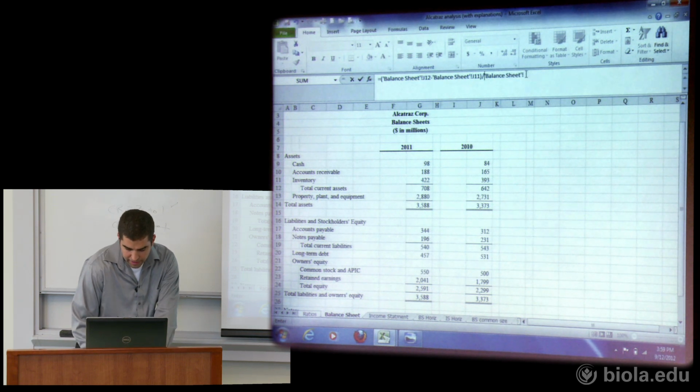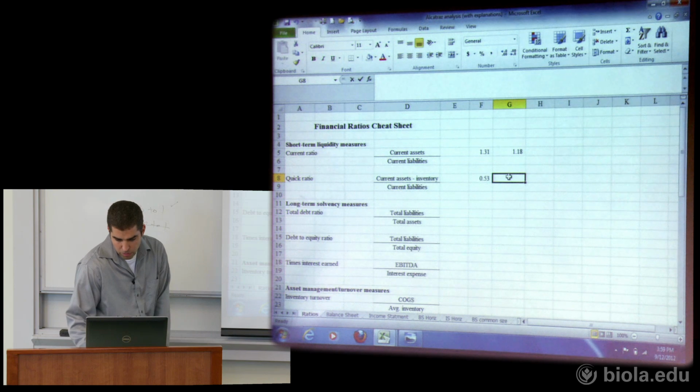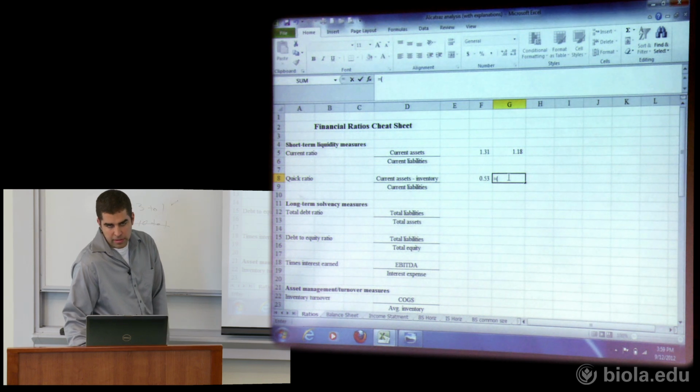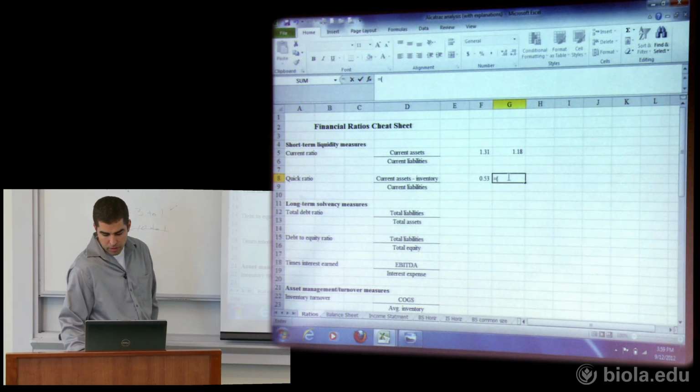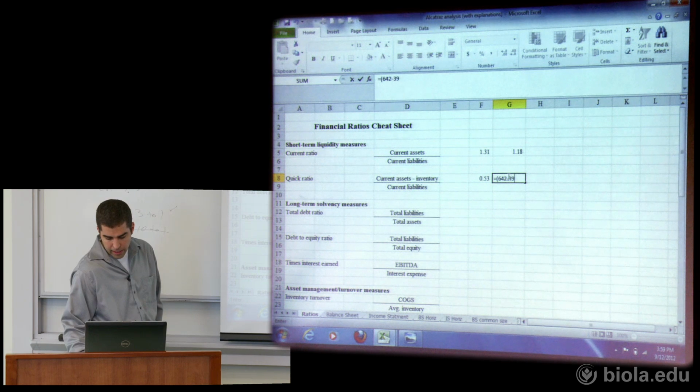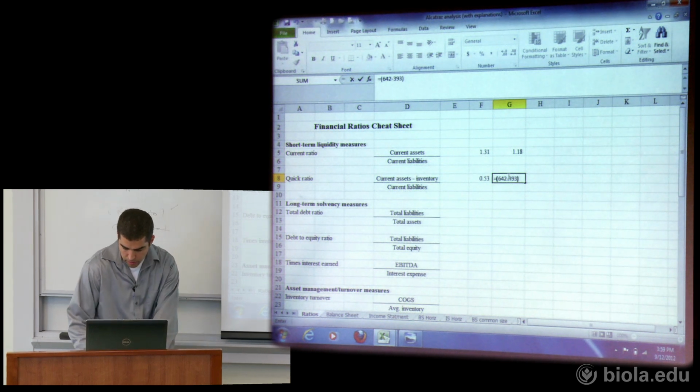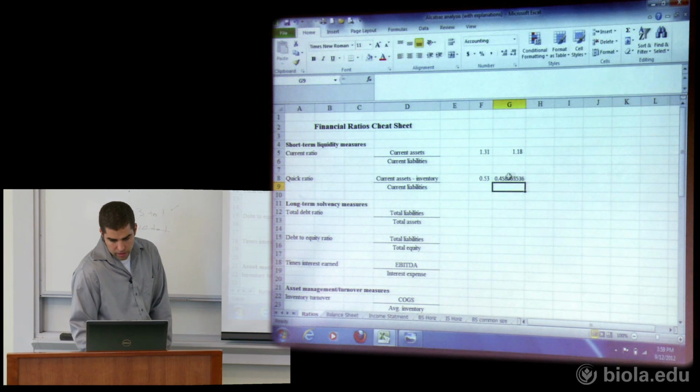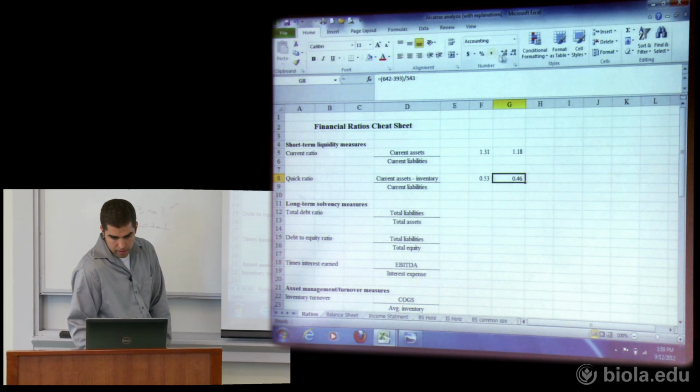Okay, we'll just put the numbers in here, because of the link going back and forth between the tabs. So 642 minus 393, divided by 543, and you got 0.46.